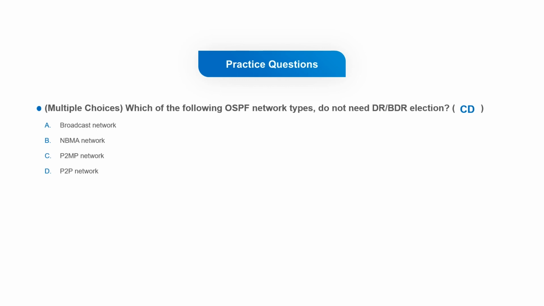So here we can see the answer is the P2MP and P2P networks. Because in the broadcast network, we have to elect the DR, BDR, and DR Other. But for P2P and P2MP, we don't need to elect the DR and BDR.